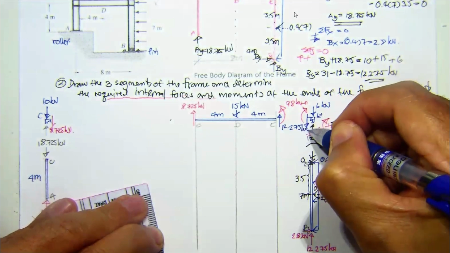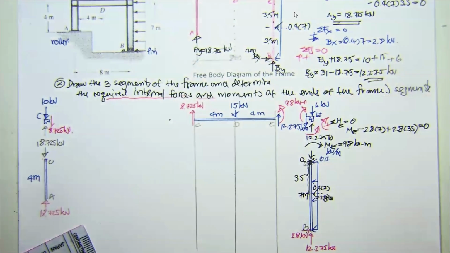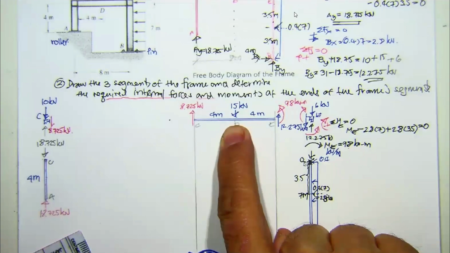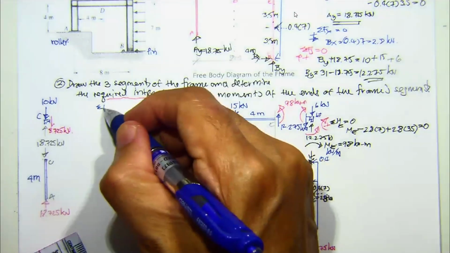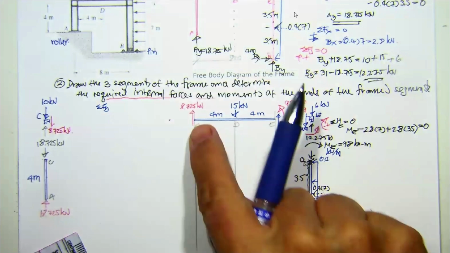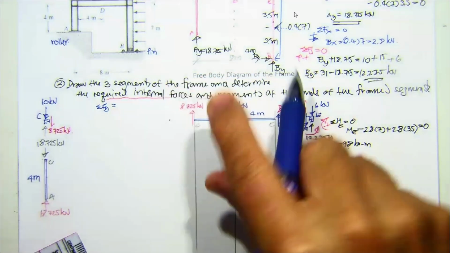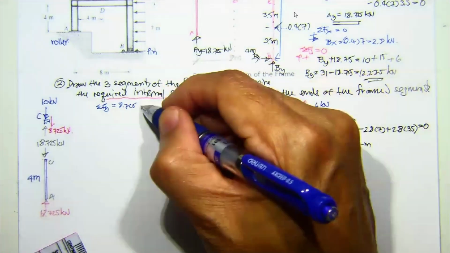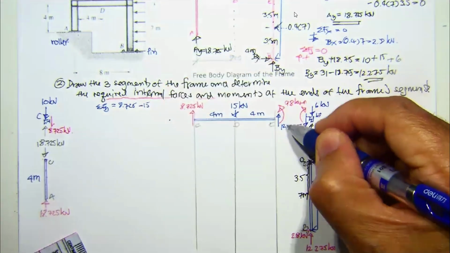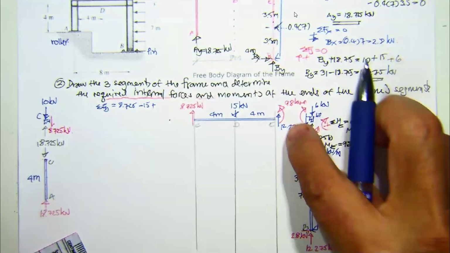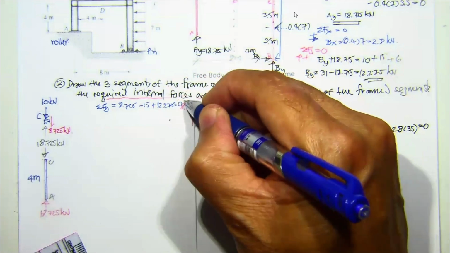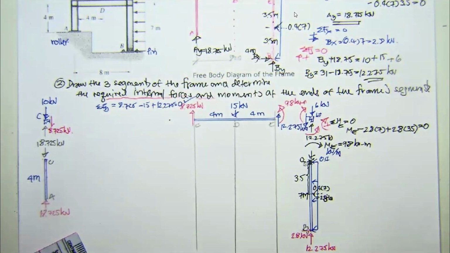12.275 kilonewton. Now, when everything is ready, you may check the summation of y. If you put it equal to upward 8.725 minus 15, and then plus upward 12.275, the total is 0, which is going to be correct.